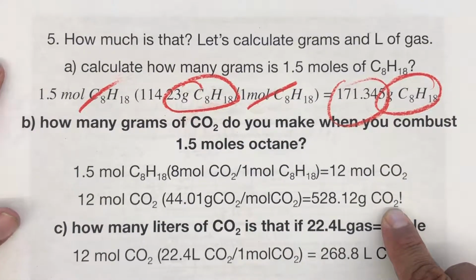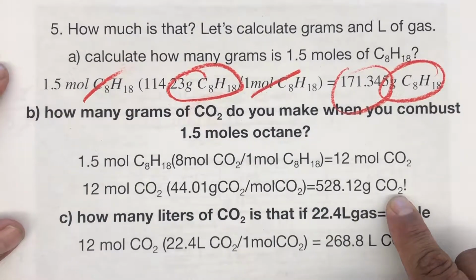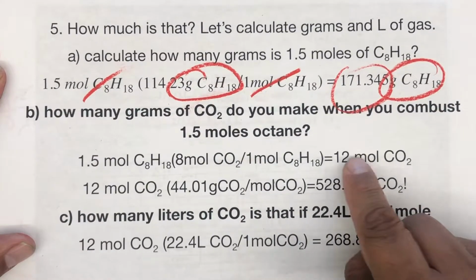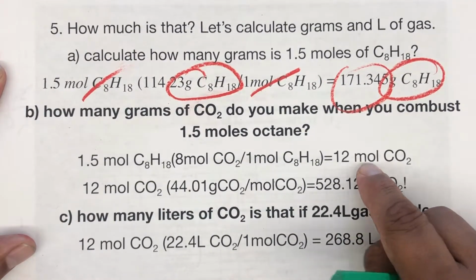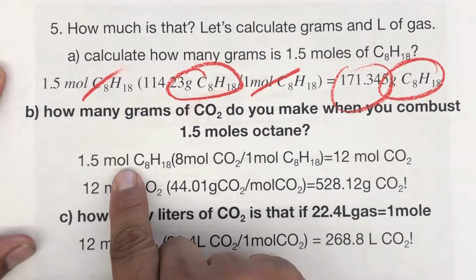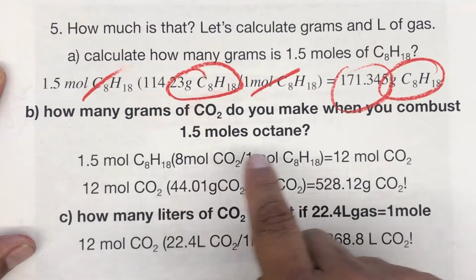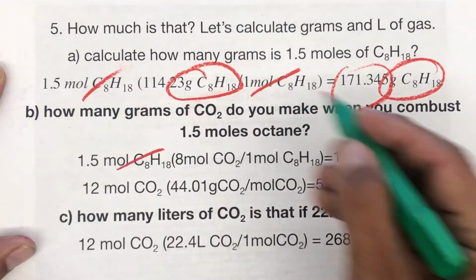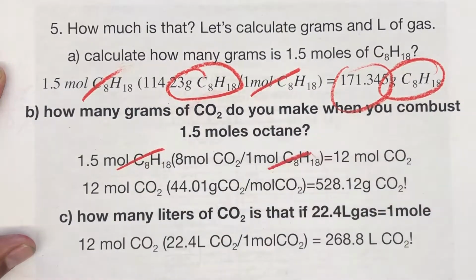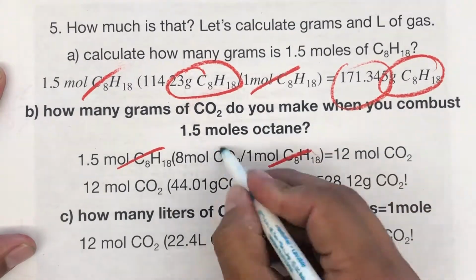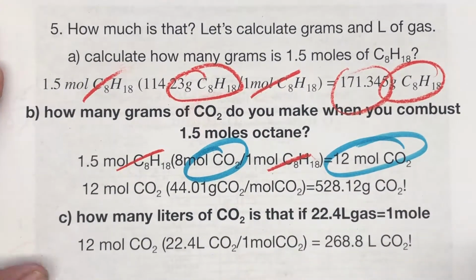That's right, Diego. You got it. It's just like Dora the Explorer. So we need to get to moles of CO2, and we do that by using the mole ratio. Moles of C8H18, the ratio is 8 to 1 or 16 to 2, and then moles of C8H18 cancel, and you end up with moles of CO2.